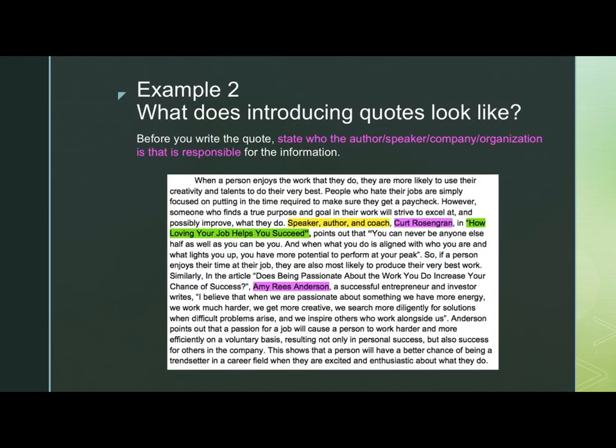Remember how every body paragraph needs to have a minimum of 2 different sources? So in this example, we can see that a second author is mentioned. Amy Reese Anderson. So definitely, Amy and Kurt, not the same people.